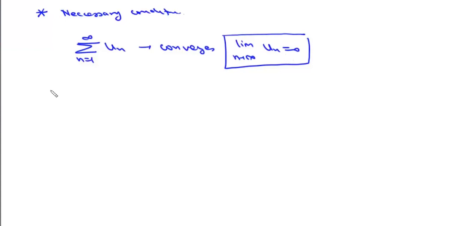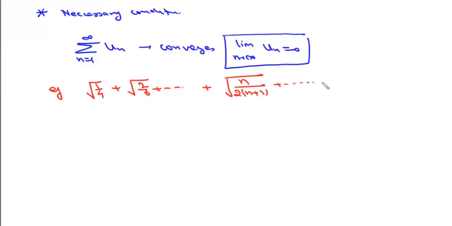Say, for example, we have this series: under root of 1 by 4 plus under root of 2 by 6 plus under root of n by 2n plus 1, and it goes all the way up to infinity. Now this is your un.